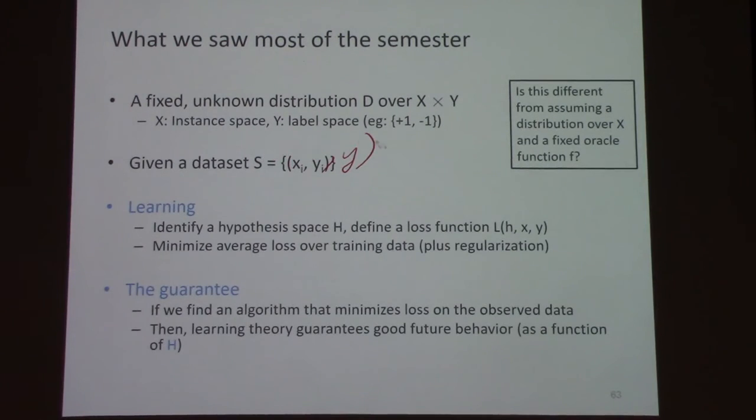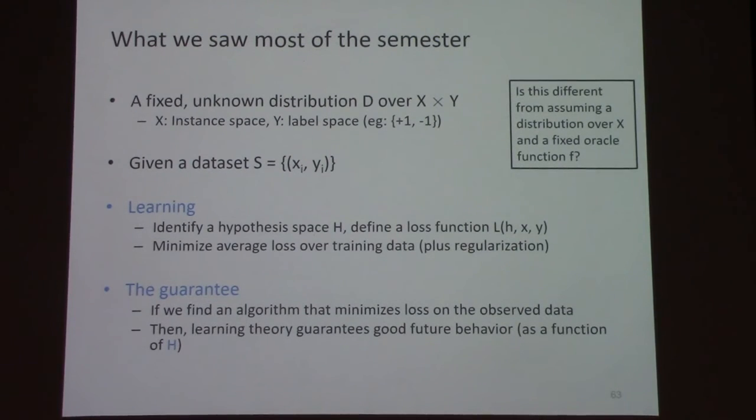And from this distribution, examples are sampled. Points are sampled from this probability distribution, a finite number of them, and that is presented to you as a data set. We've been calling that S. And the job of learning is to find a hypothesis space, define a loss function over this entire hypothesis space, and find a hypothesis that minimizes loss.